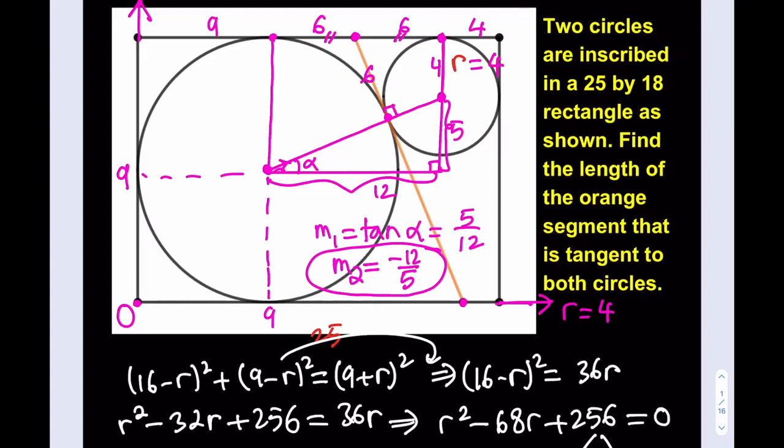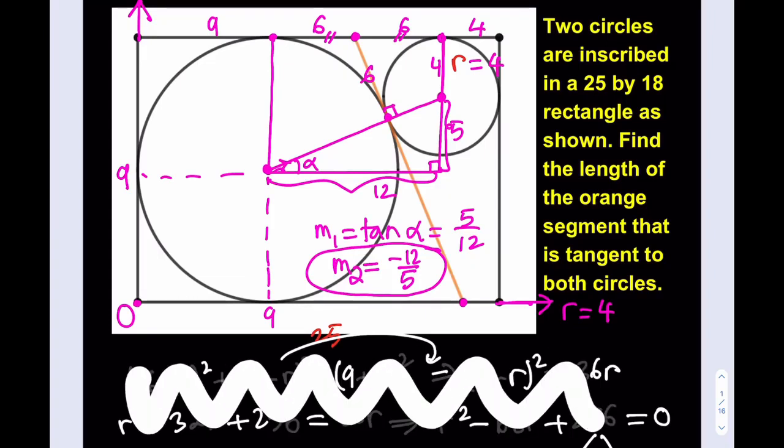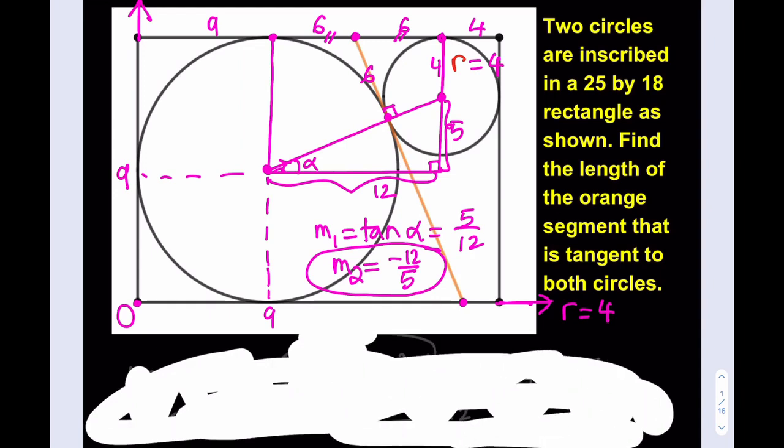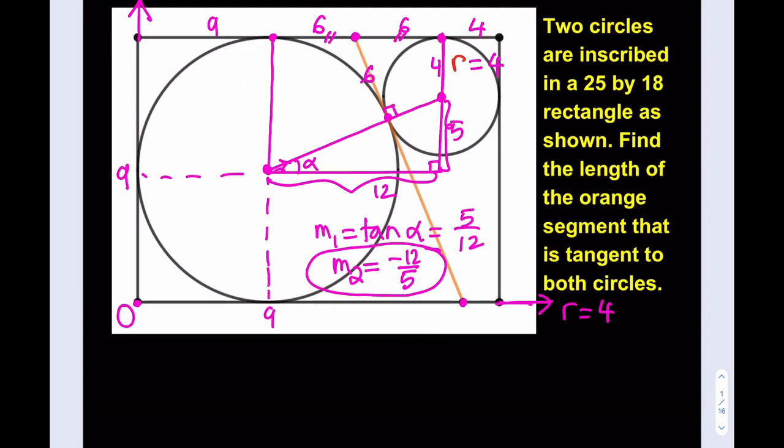Let me clear this area up so that I can use it for my calculations. Now what we're going to do here is write the equation of the line using a point. Now, what are the coordinates of this point? Well, this point is given as 15, 18.